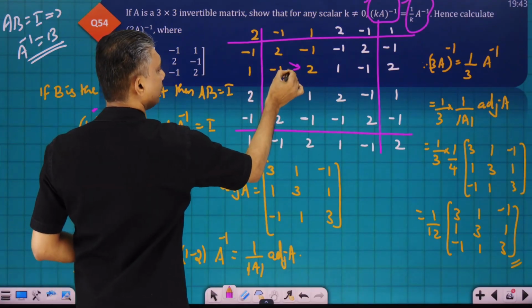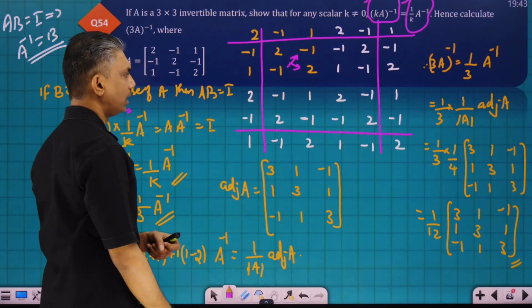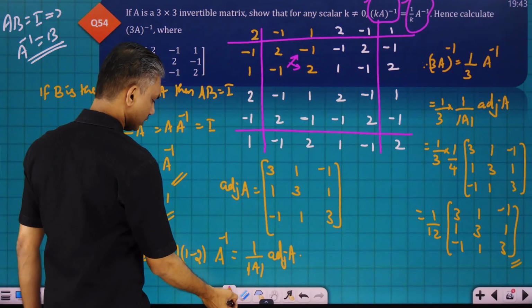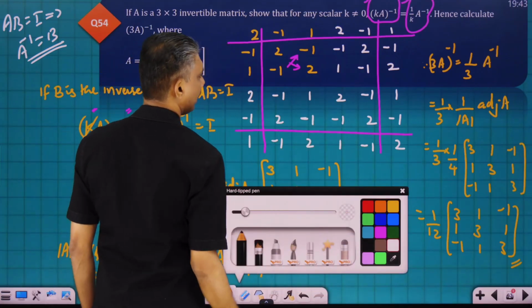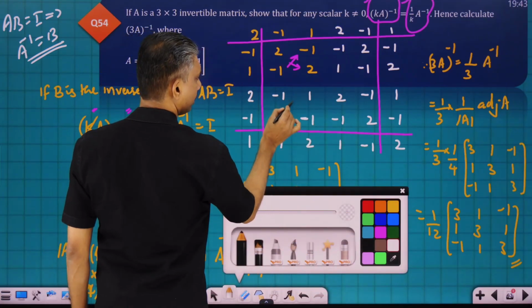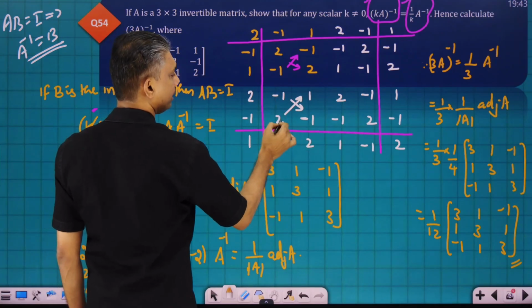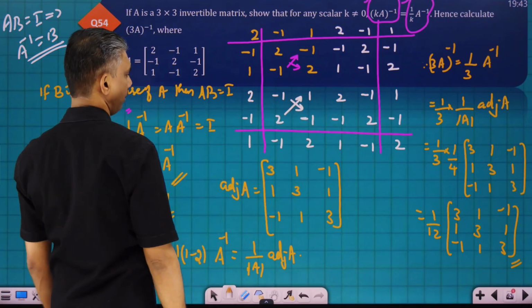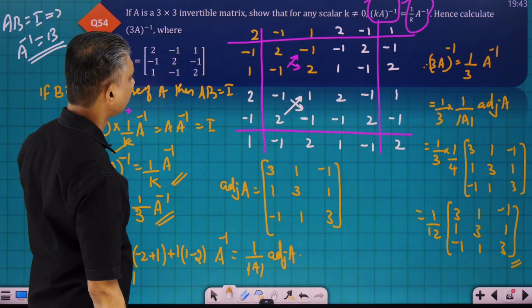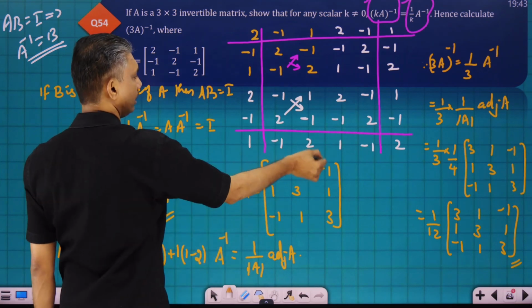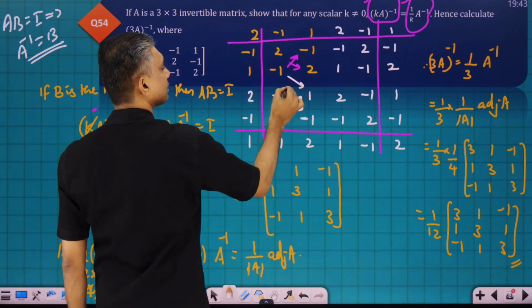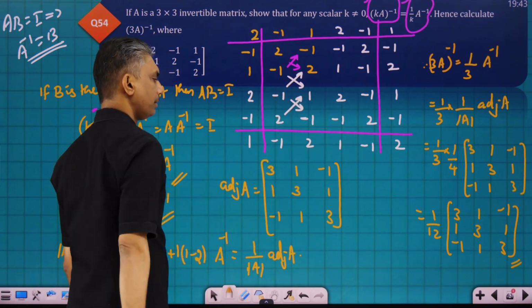So, 4 minus 1, that is 3. 4 minus 1, that is 3. And then 1 minus 2, that is minus 1. Then minus 1 plus 2, that will be 1.